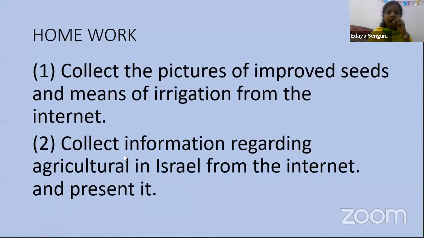And similarly, collect information regarding agriculture in Israel from the internet and present it. You first collect what the land of Israel is like and what the climate of Israel is, and then you can make out what solutions they have made to overcome this adverse climate or land.